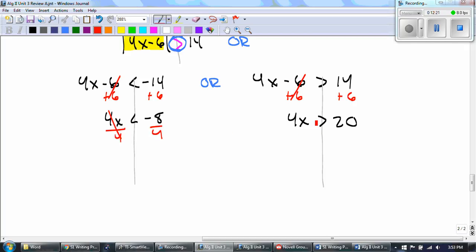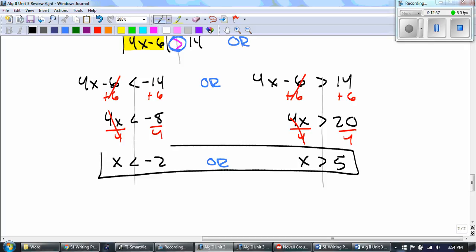To get the x by itself, I have to divide by 4. So I get x is less than -2, or x is greater than 5. So both of those are in order right now, from least to greatest. So I can just say, yep, there's my answer.